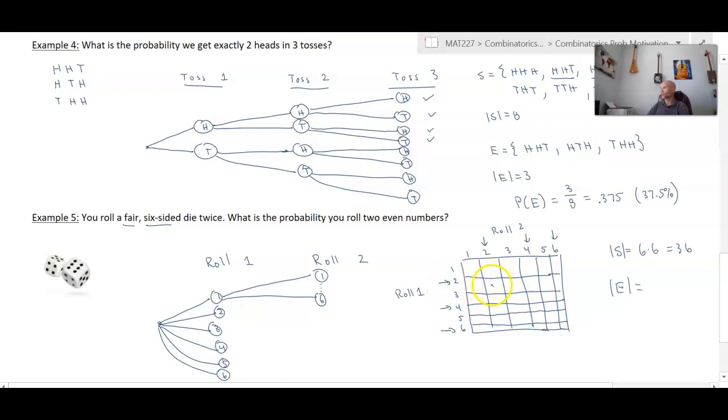And that means I could get a 2-2, a 2-4, a 2-6, a 4-2, a 4-4, or a 4-6, and a 6-2, 6-4, 6-6. Now be honest, did you think that it would be 50%? Well, in fact, there are only 9 possible outcomes in which both of those numbers are going to be even.